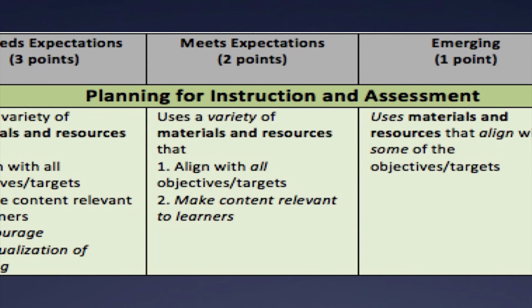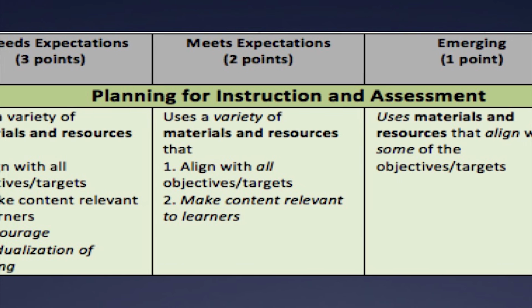The font emphasizes the difference for level 2. Here, the student teacher's materials and resources align with all of the learning targets. Therefore, this descriptor refers to a student teacher who is regularly, meaning almost every day, selecting appropriate grade level text to read with learners in his or her classroom.